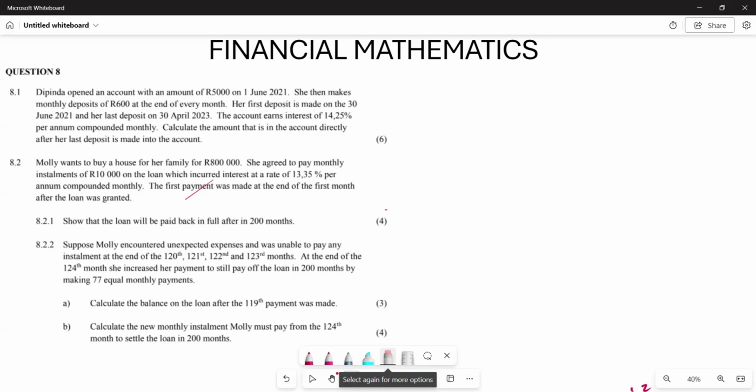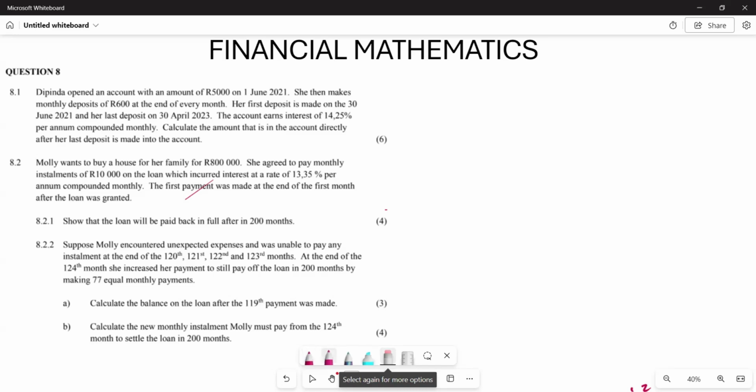The first payment was made at the end of the first month after the loan was granted. Show that the loan will be paid back in full after 200 months, right? So basically they want us to calculate the n here.